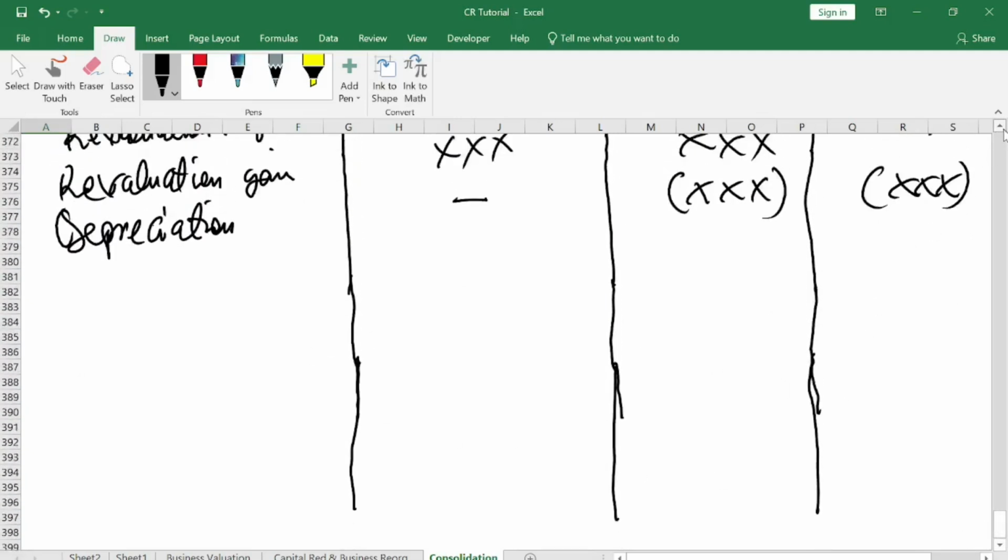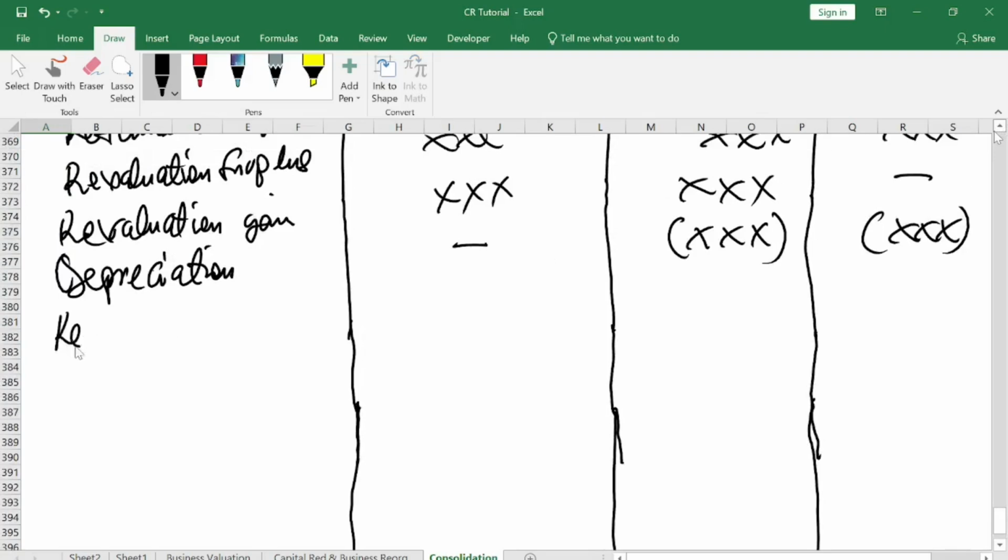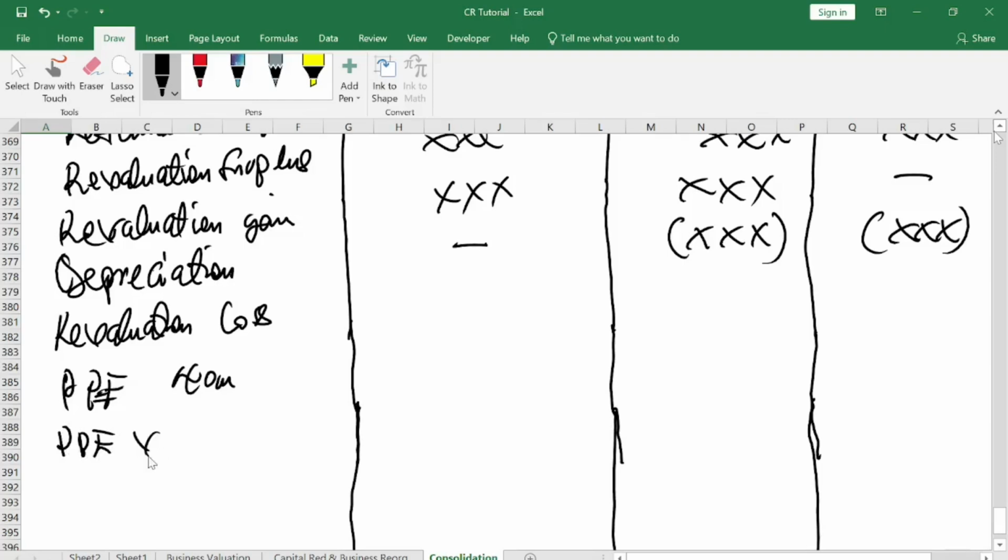So how about this? Now maybe they said that there is a revaluation loss. They will say that PPE is maybe 40 million, and in additional information, they will say that PPE has been valued less than the book value.